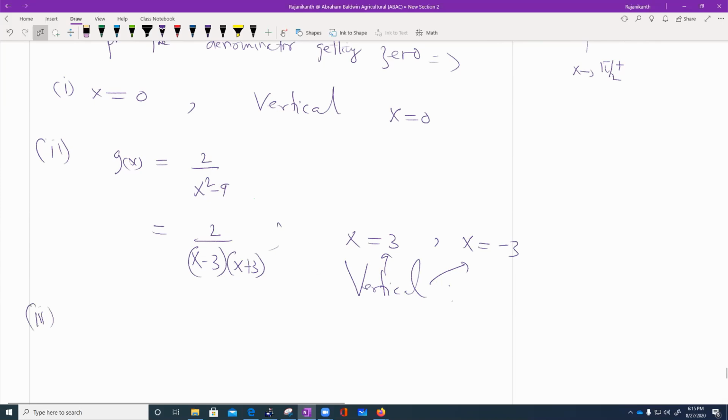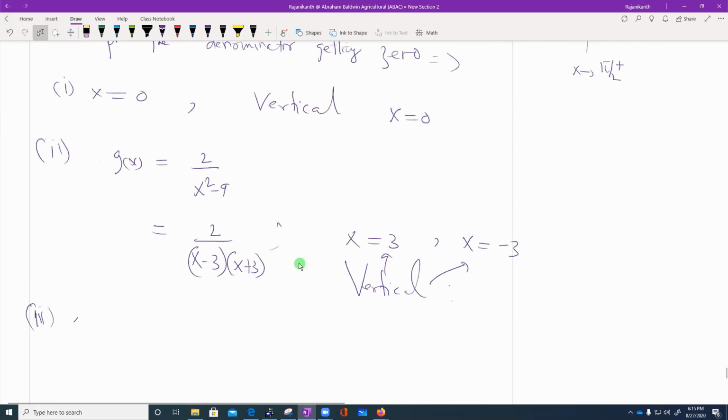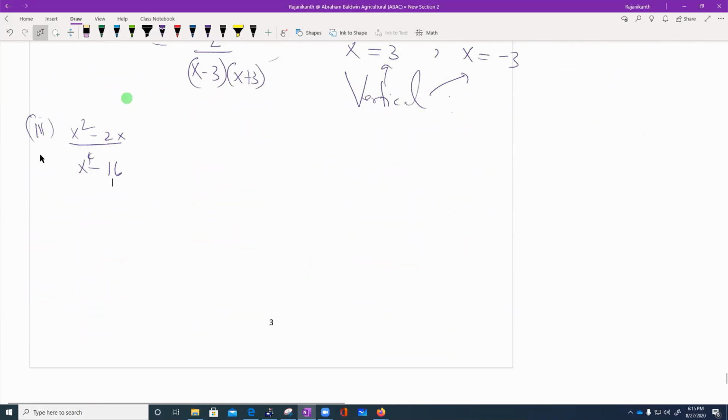Then number 3. Oh, number 3, you have more work. The given function is now x to the power 4 minus 16. So you need to make sure that you factorize the denominator. Numerator can be factorized easily. X is the common, so you could write x minus 2. But if you look at the denominator, x to the power 4 could be written as x squared to the power 2, and 16 can be written as 4 squared.